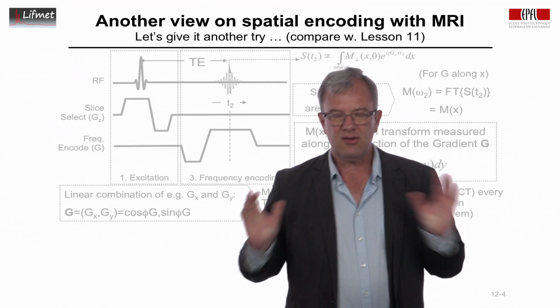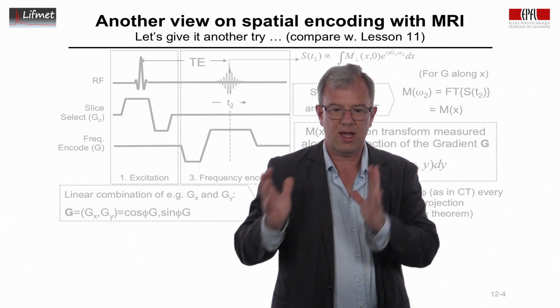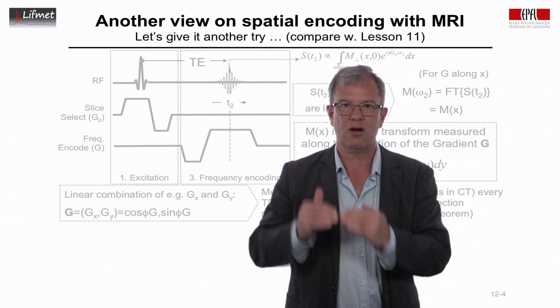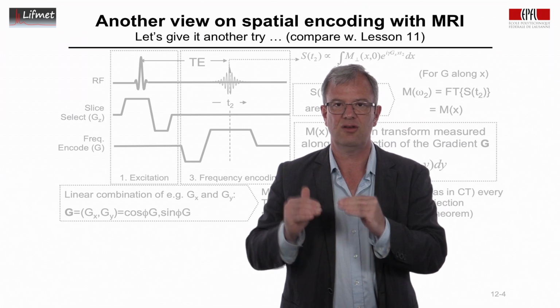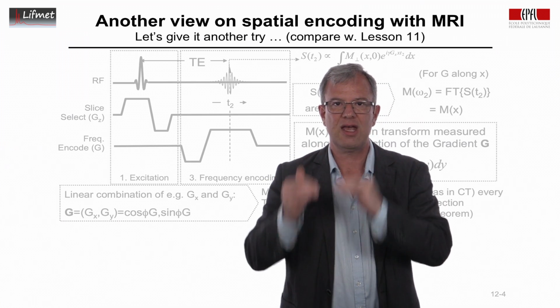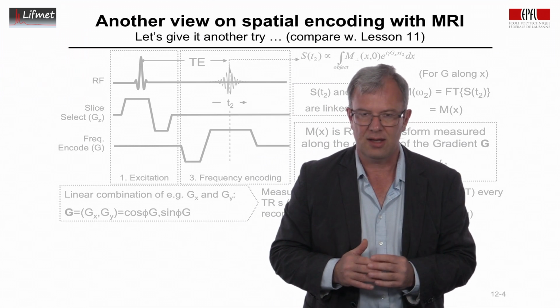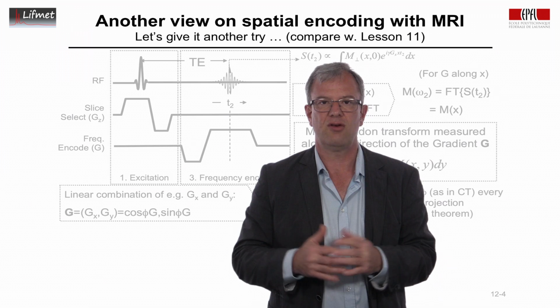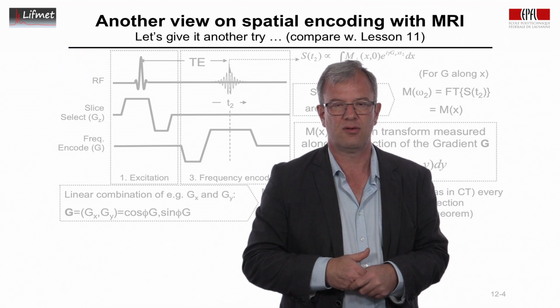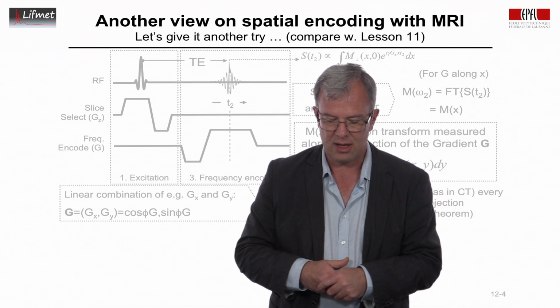So if this helps you to understand why MR scans take some time, we are going to have to collect the different projections, the different angles. We can do that just as it has been done in the X-ray techniques, and reconstructing the image using those techniques is definitely a possibility.